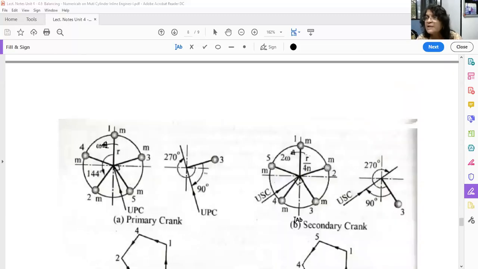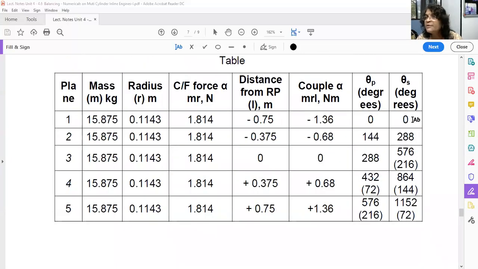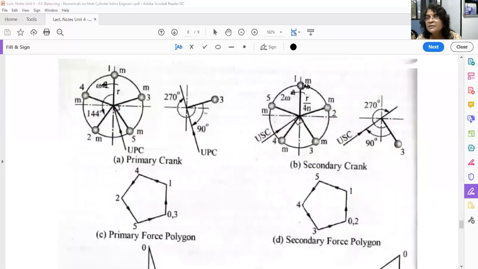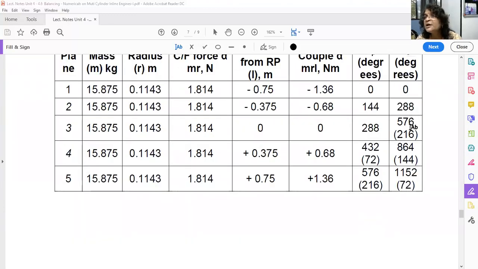Okay. Similarly we have drawn the secondary crank diagram. So for example cylinder number 2, the angle from 1 is 288. So here it is cylinder number 1. So 1 to 2 is 288. It is falling here, 2. Between 3, here it is 576 minus 360, that is 216.